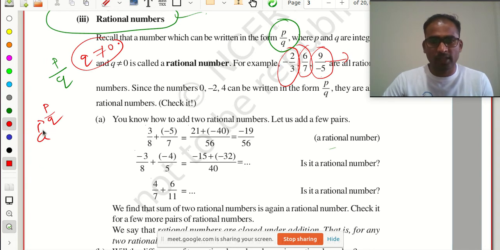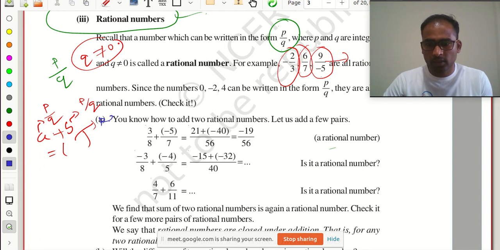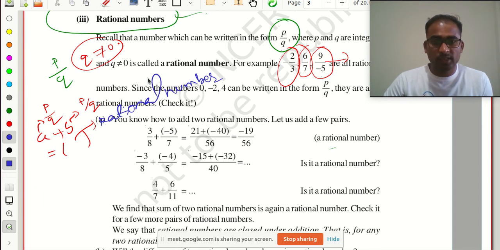I am telling A is a rational number means this is in the form of P by Q. And again B is another rational number, also in the form of P by Q. If I add these two rational numbers A and B, I will get another rational number only. If I get another rational number, then we can say these rational numbers are closed under addition.